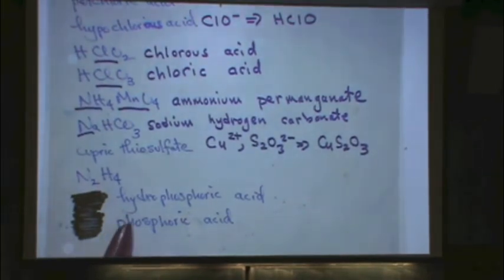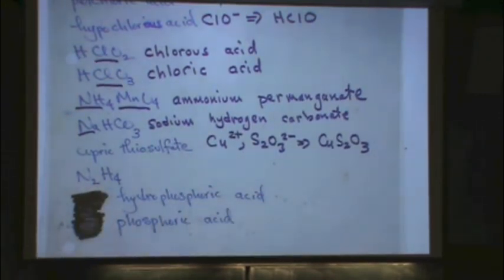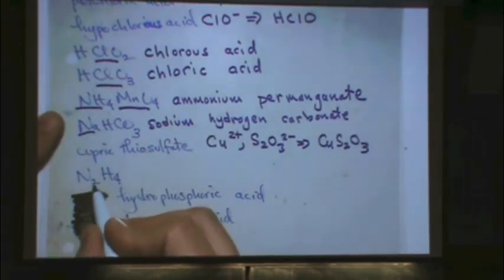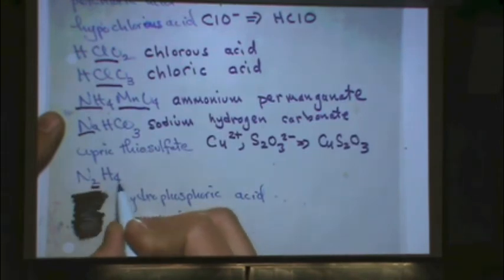Try the next one. What category is the next one? There's no metal and there's no hydrogen in front. We're calling this molecular. So now for molecular, remember we need to name the prefixes. Or the subscripts, I guess I should say, make them prefixes. So we need to name this 2 and this 4.